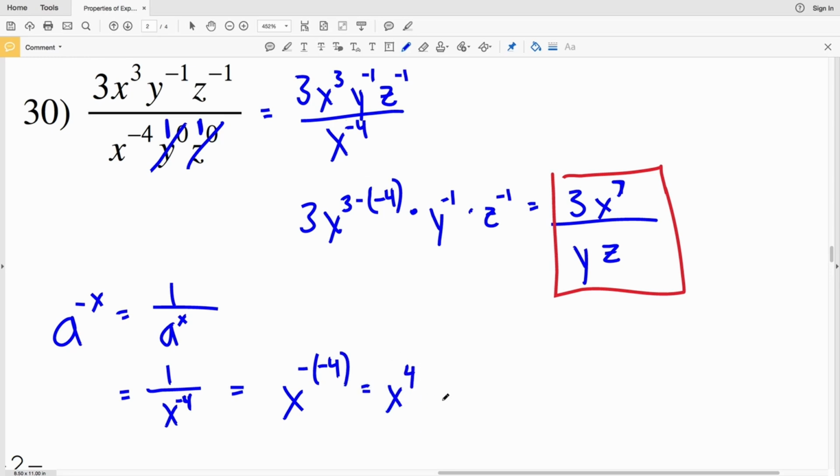So then I could have multiplied x to the third times x to the fourth, which would have been x to the 3 plus 4, x to the seventh. So that just goes to show you that if I have a negative exponent, regardless of whether that negative exponent is in the denominator or the numerator, I will be able to flip it and make it positive.